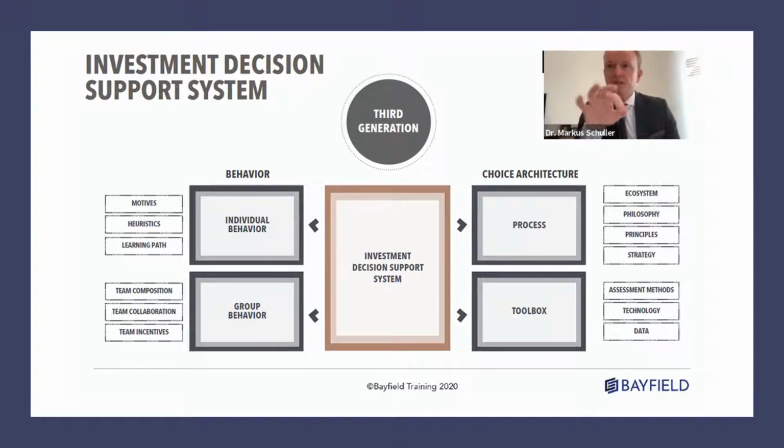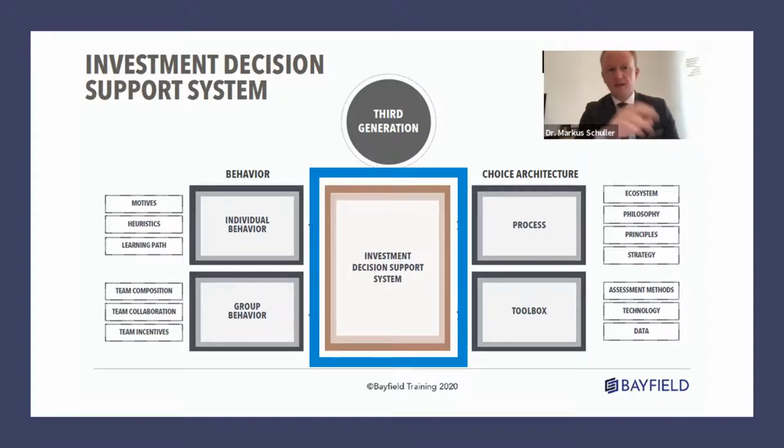Now, each single one of us, no matter what's the asset class, the strategy, the geography, at the decision point, when taking a decision whether to invest or not, is influenced by each respective investment decision support system.